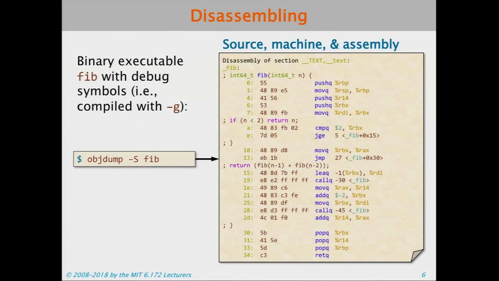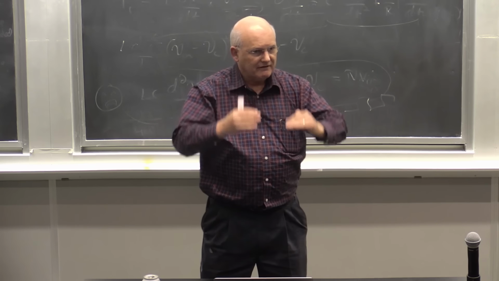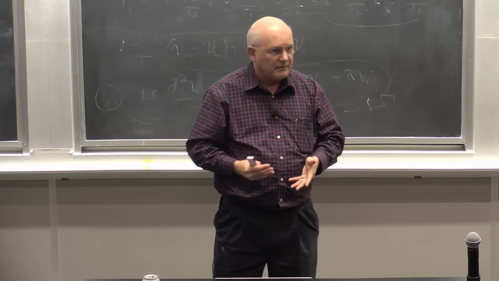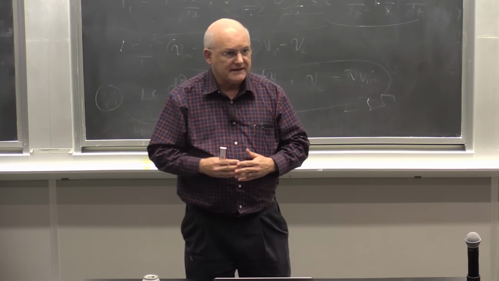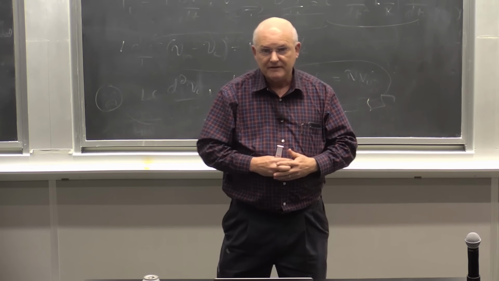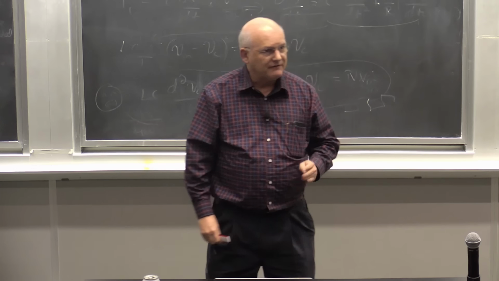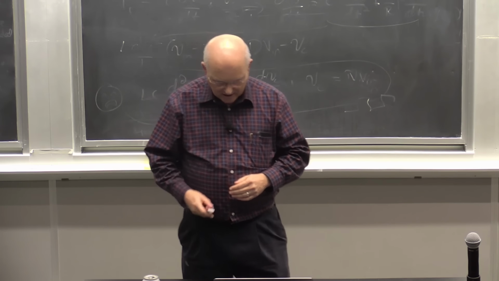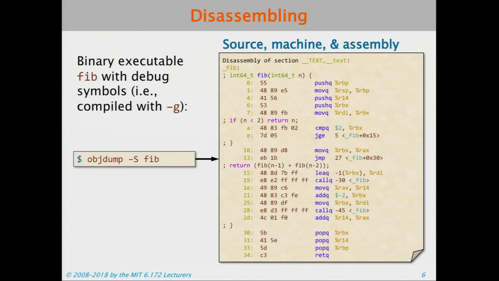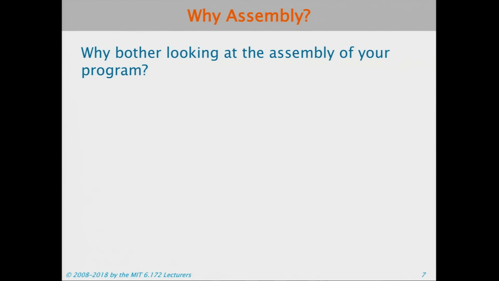It tells you, here's what the mnemonic, more human-readable code, the assembly code, is from the binary. And that's really useful, especially if you're trying to do things, well, let's see, why do we bother looking at the assembly? So why would you want to look at the assembly of your program? Does anybody have some ideas?